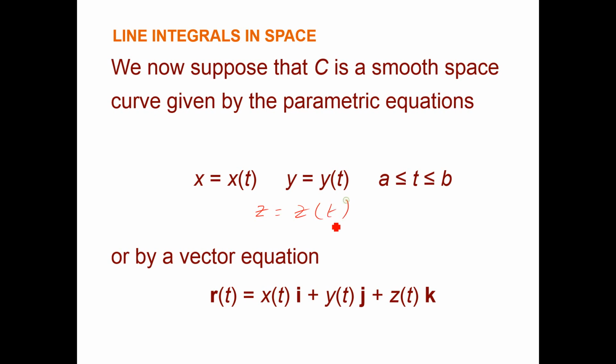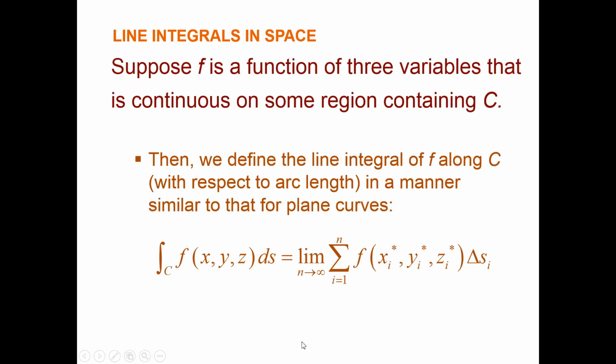This must also be included. So in vector form, r(t) equals x(t)i plus y(t)j plus z(t)k, since we are in space and 3D vectors look like this. Suppose f is a function of three variables that is continuous on some region containing C. Then we define the line integral of f along C in a similar manner as in the plane.